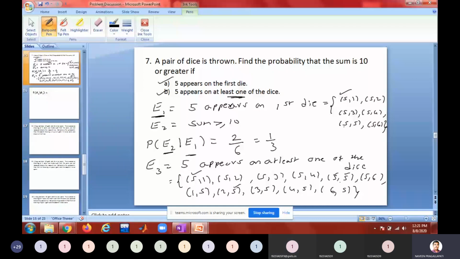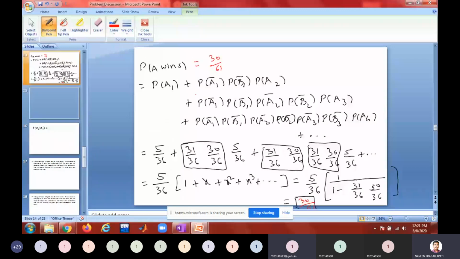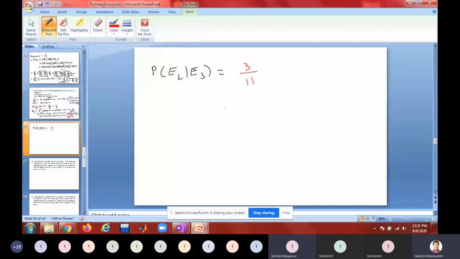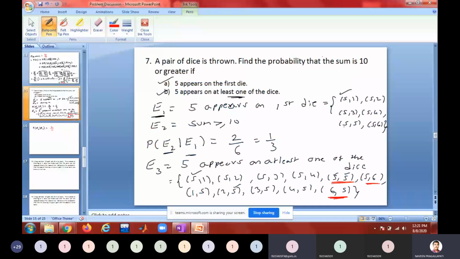Out of how many possible events? 11 possible events. So this is 3 by 11. Do you agree? So, sir, whenever there is prior information, you reduce the sample space. On that sample space, you simply find the probability, and that is nothing but the conditional probability.